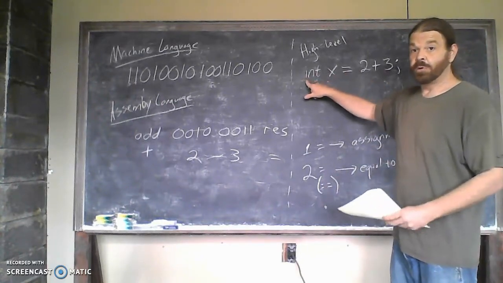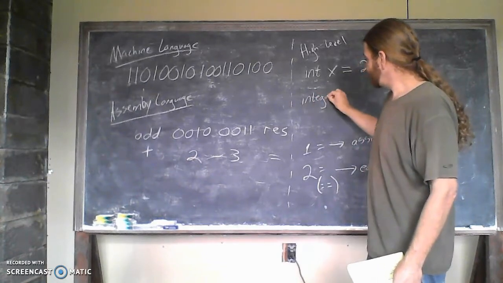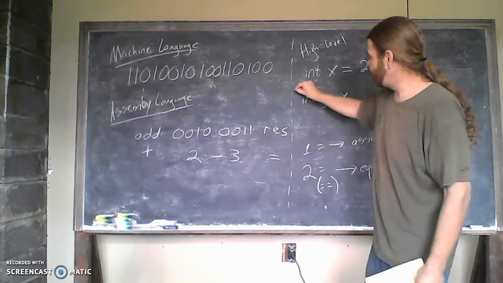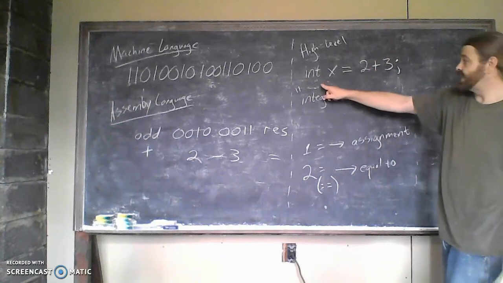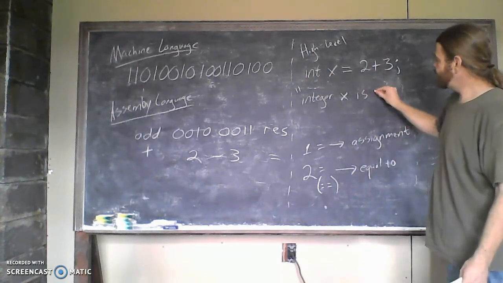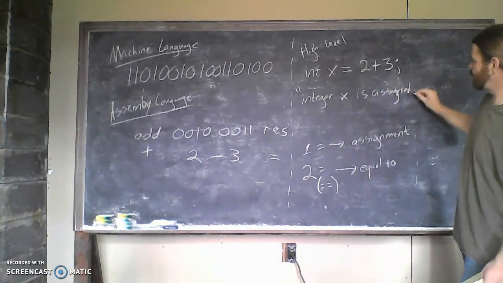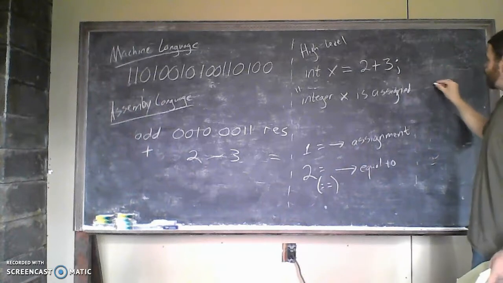So we would read this as, I'll put quote marks around it, this is how we would say this: the integer x is assigned 2 plus 3.